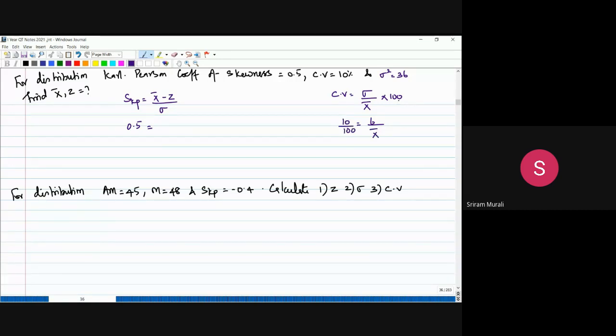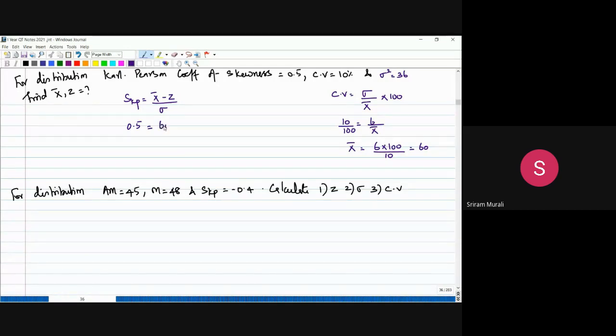Don't multiply by 100 if you divide by 100. If I put 10 percentage, don't multiply by 100. So what is x bar? X bar will be 6 into 100 by 10. So the answer is 60.